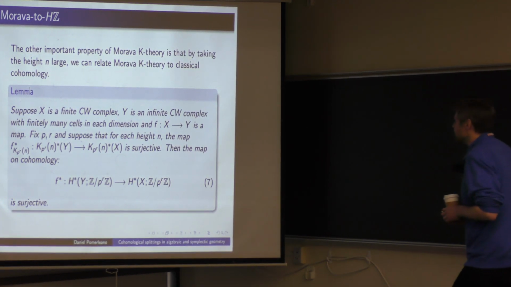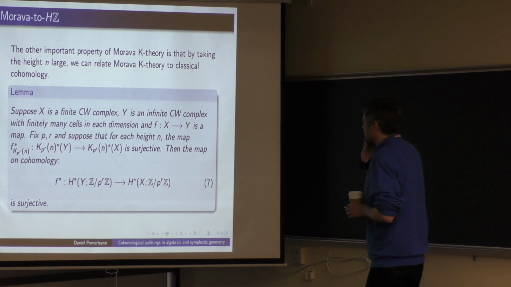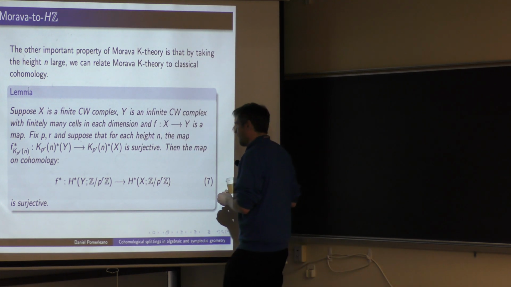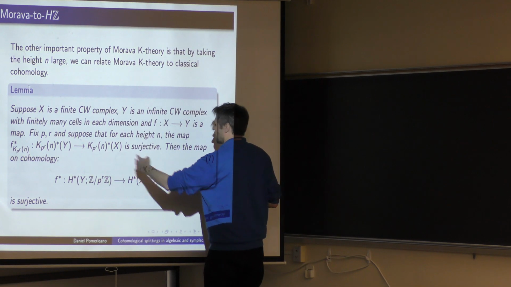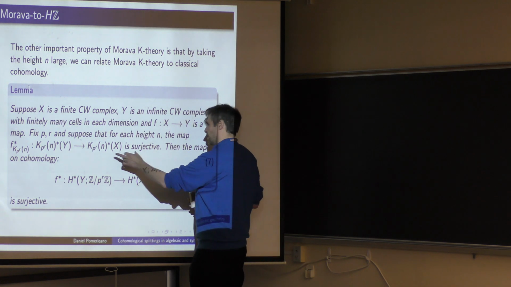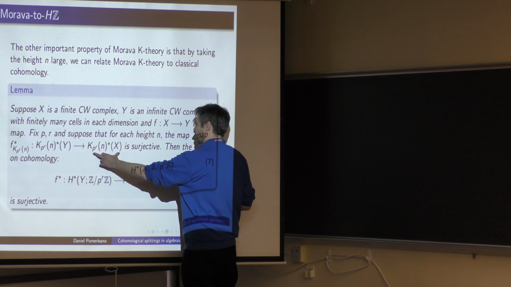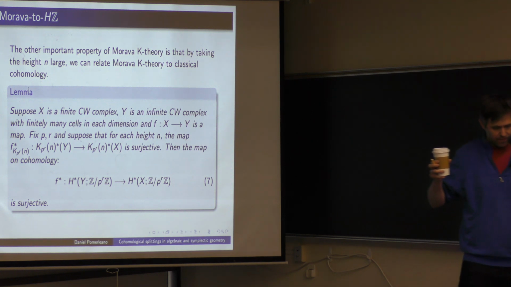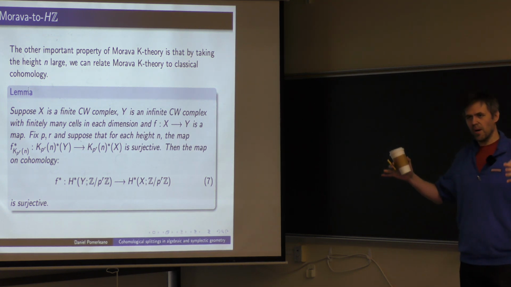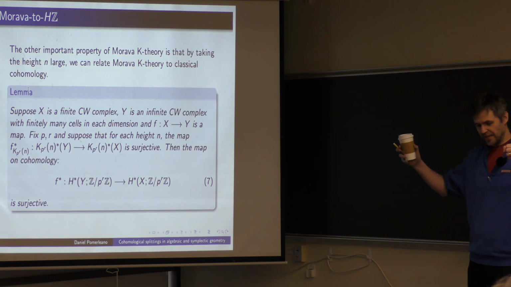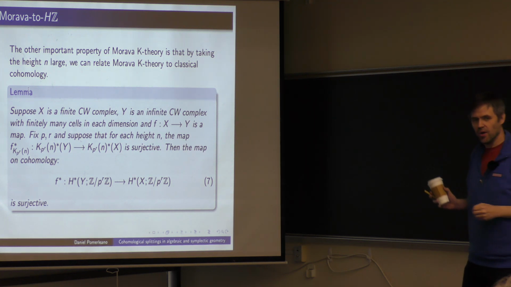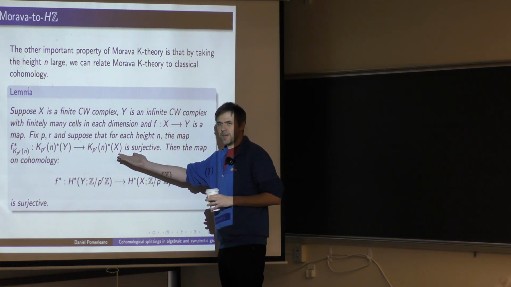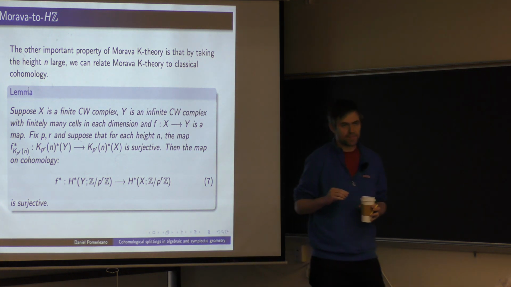Because if we think about the Atiyah-Hirzebruch sequence associated to this, this is a finite dimensional space. So as long as we take the height to be very big, the Atiyah-Hirzebruch sequence has a very high periodicity. And so, as long as the height is large enough for any finite dimensional space, the Atiyah-Hirzebruch sequence degenerates.